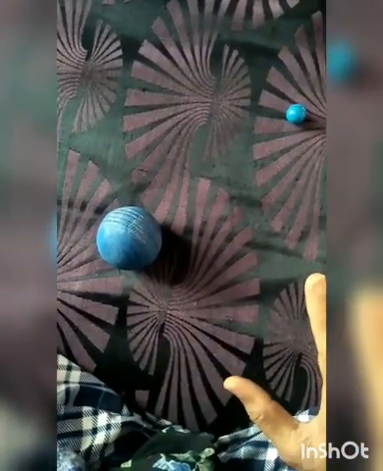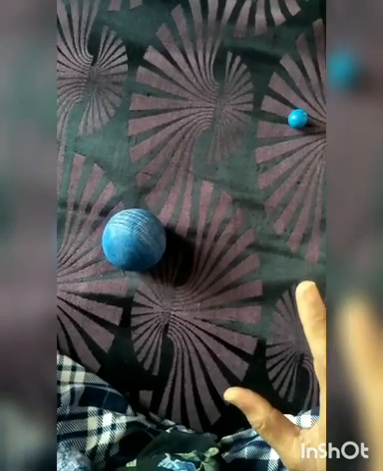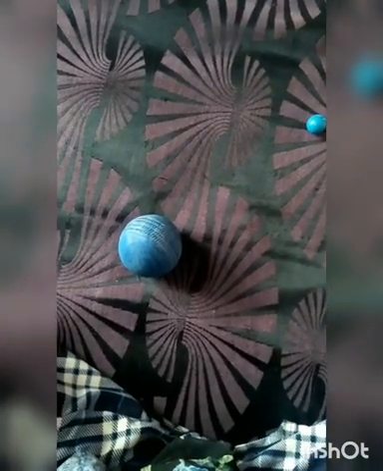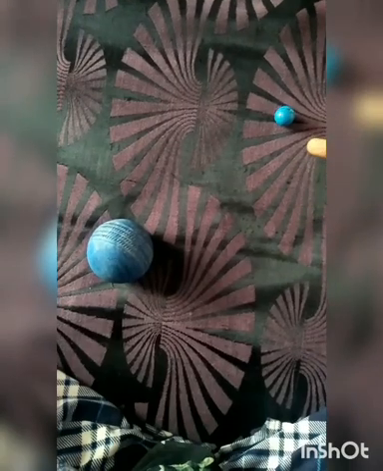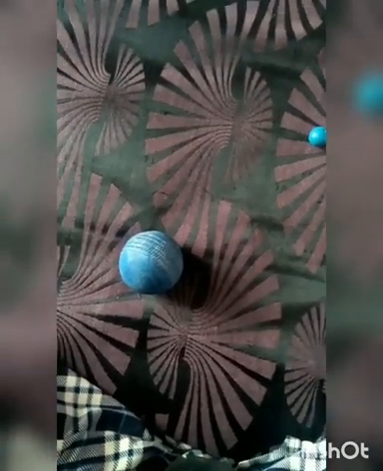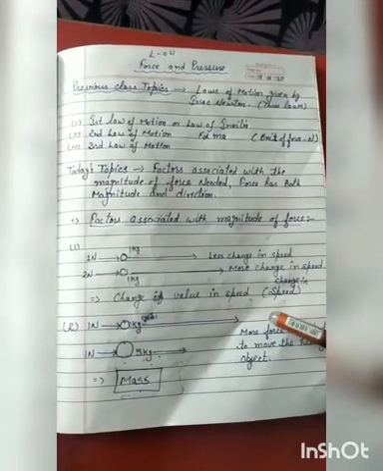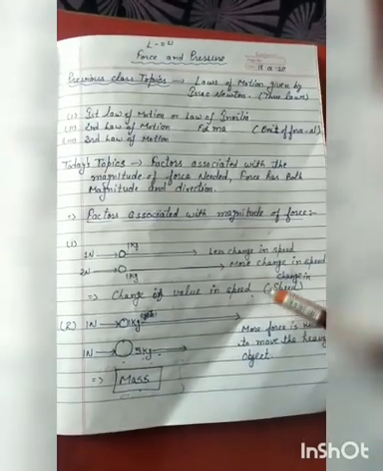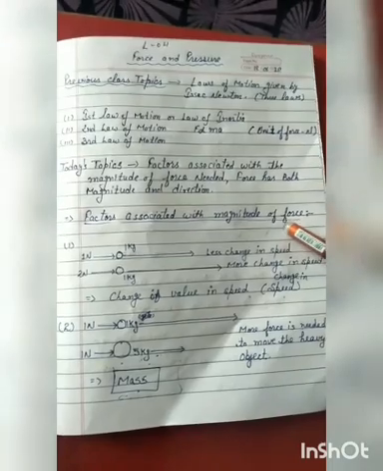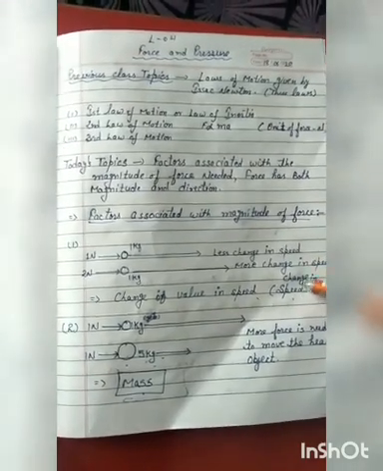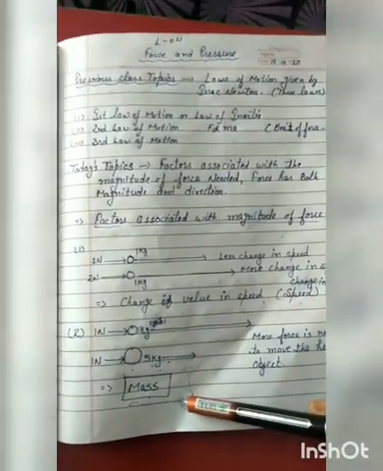When I apply the same force on two objects having different mass, you have seen that the small object covers a larger distance as compared to the larger one. So with the help of these two activities, it is clear that the two factors associated with magnitude of force are change in speed and mass.